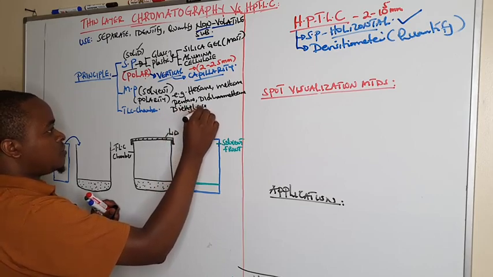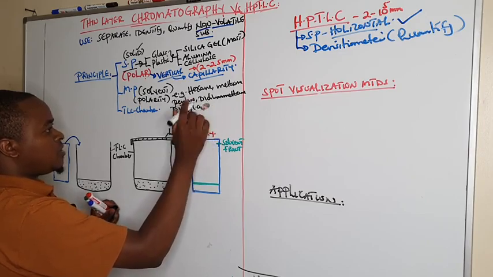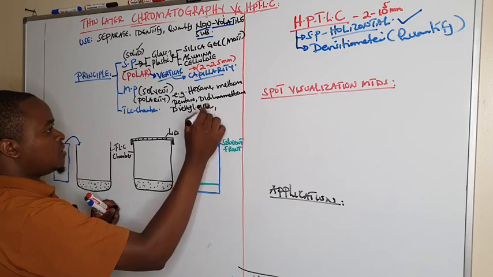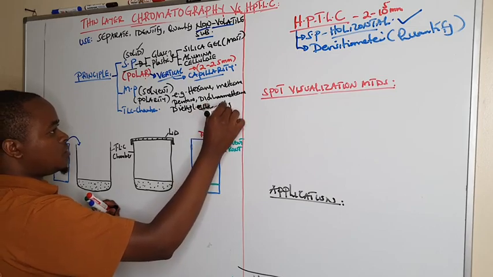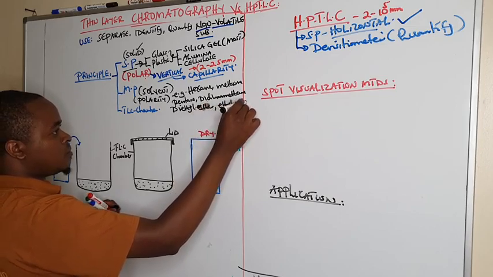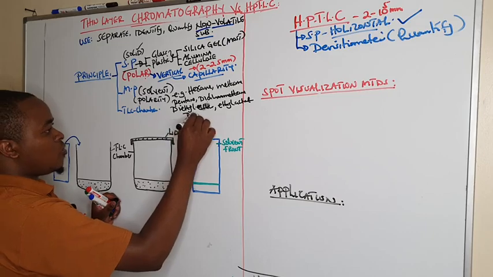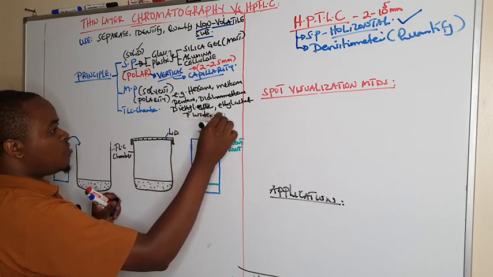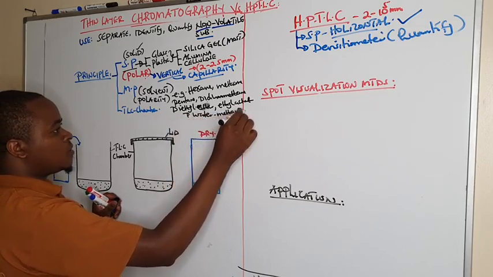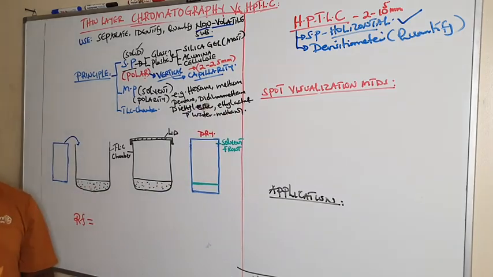Diethyl ether is also used. Then ethyl acetate. And in reverse thin layer, we can also use a water methanol mixture. So all these are mobile phase.